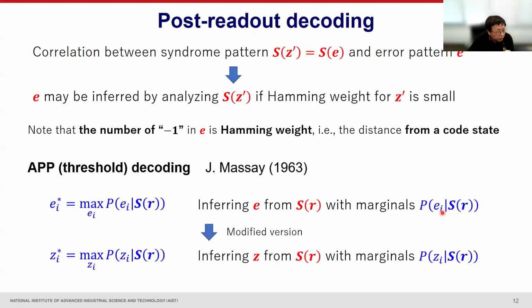He modified his theory, and he also showed that the physical state Z, not the error pattern, can be inferred from the syndrome pattern for the readouts R using the knowledge of the associated marginal probability, this probability.